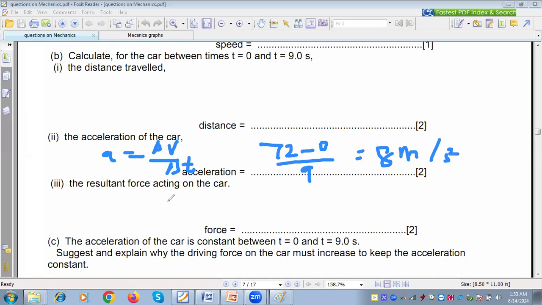So what is the force? F is equal to ma. Acceleration 8, and 650, I guess, was the mass. I don't exactly remember, anyhow I'm writing this. When you multiply, you will get the force acting, in Newton.